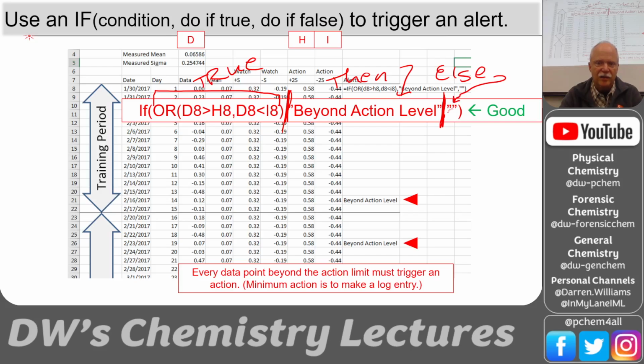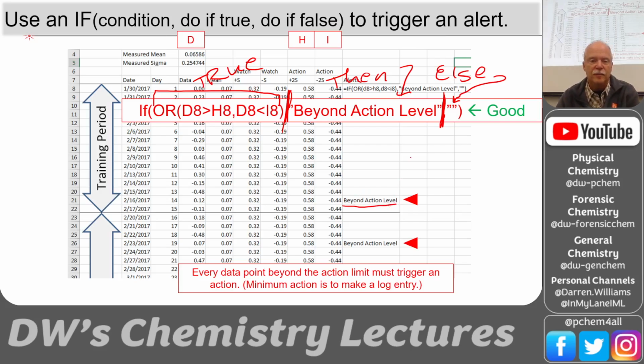Now, the else is blank. It just has 2 quotes, so it's empty. It doesn't do anything. So it's saying, if this is true, then write, quote, beyond action level. If it's not true, that's what's else. If, then else. If it's this, then this. Else, do the other thing. The other thing is nothing. Okay, 2 quotes with nothing in between. So that's good, and that's what gives us this right here, beyond action level, right?